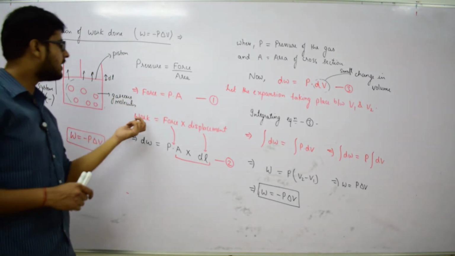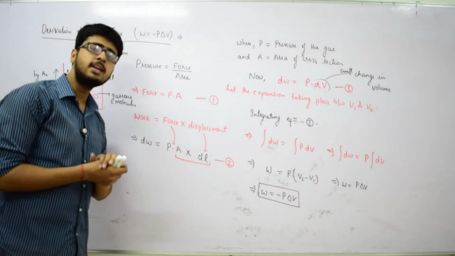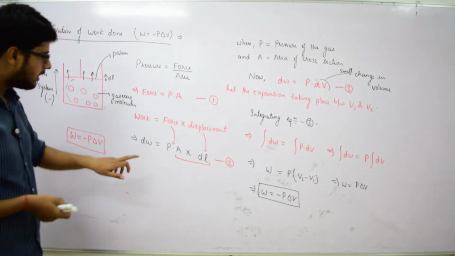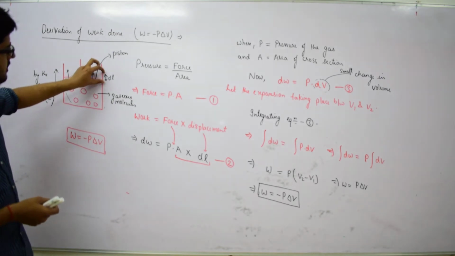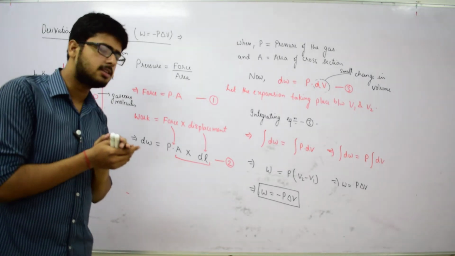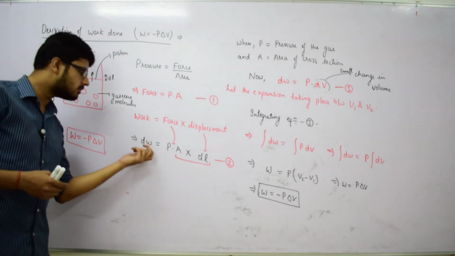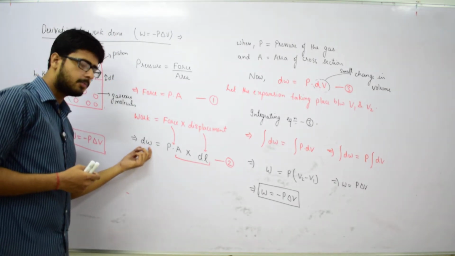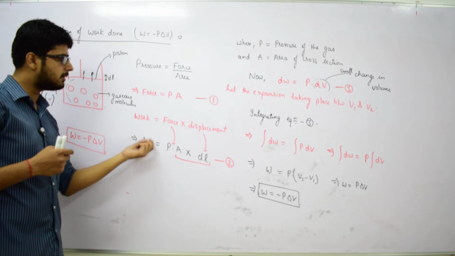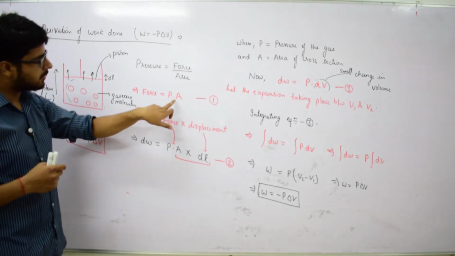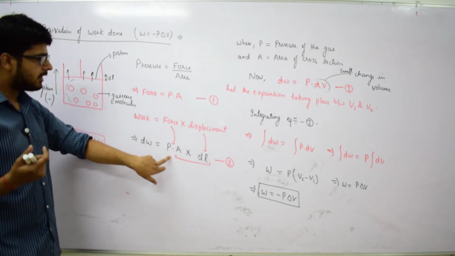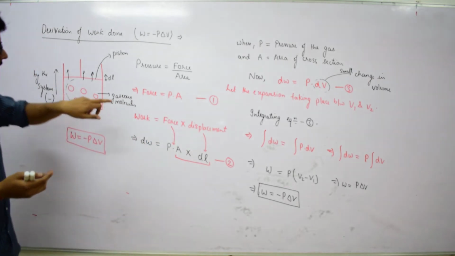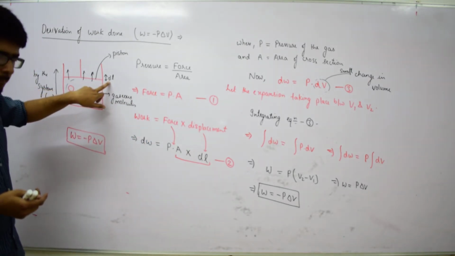Further, we know that work is equal to force multiplied by displacement. Because there is a small displacement of the piston, the work done will also be small. Let the small work done be dW, and this dW will be equal to force, which is P dot A, multiplied by the displacement dl.